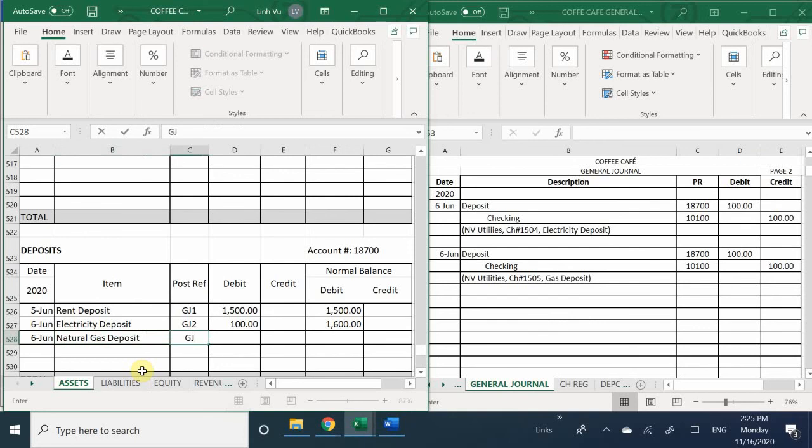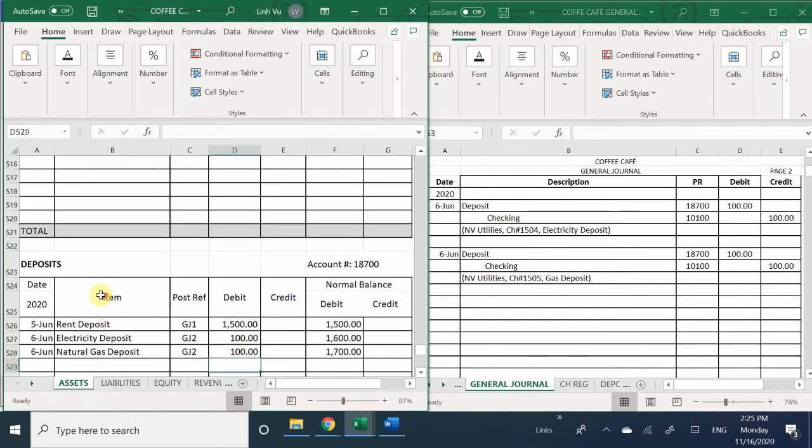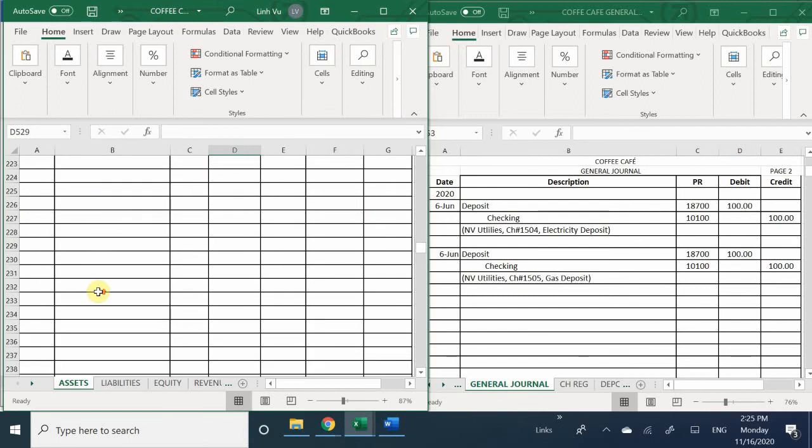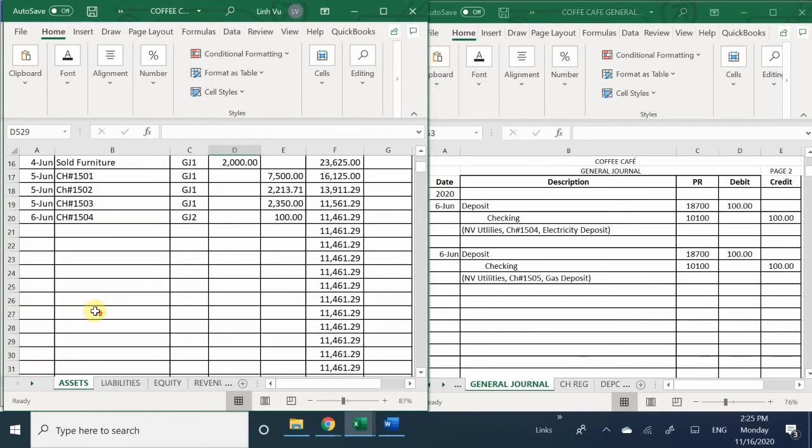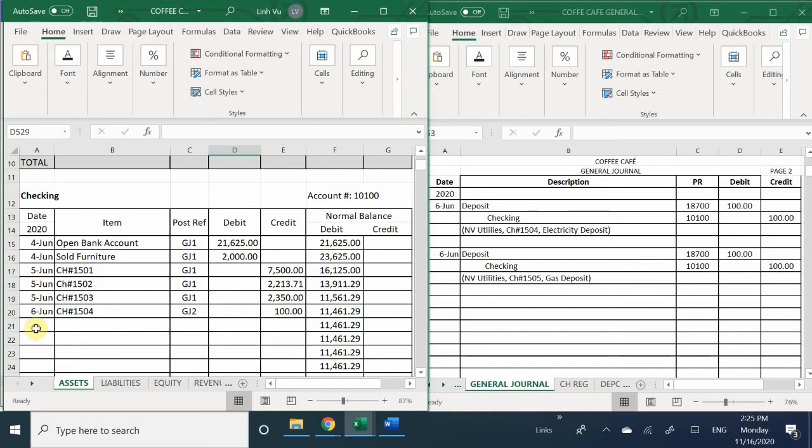General journal number 2. And I am increasing my deposits by 1,000, giving you a grand total of 1,700. Okay. Scroll up all the way now, back up to the top. So here's my checking account, and I'm going to enter in the same date.